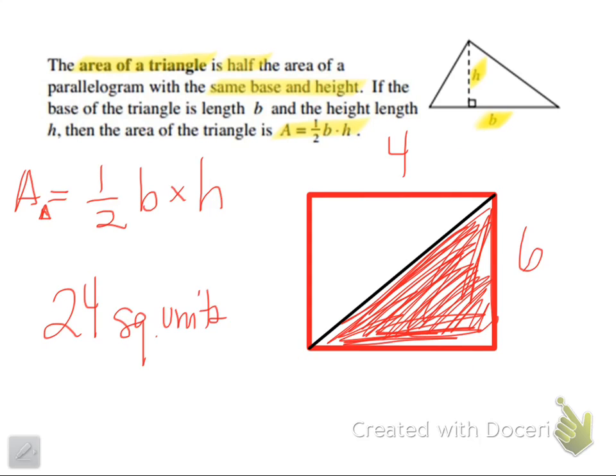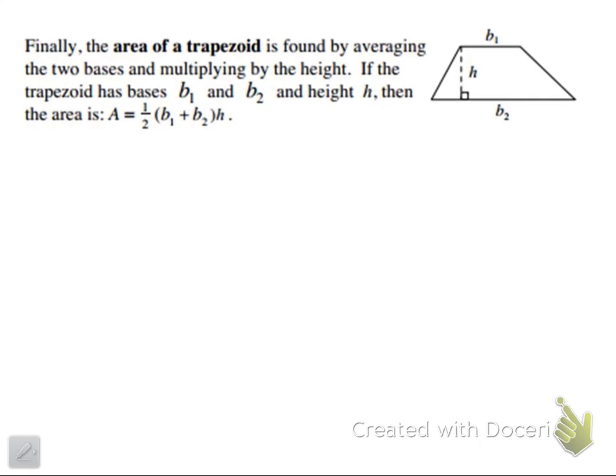Hence the reason why we get 1/2 times the original base times the original height of a rectangle. So that should clear up a little bit of why the area of a triangle is half the area of a rectangle.